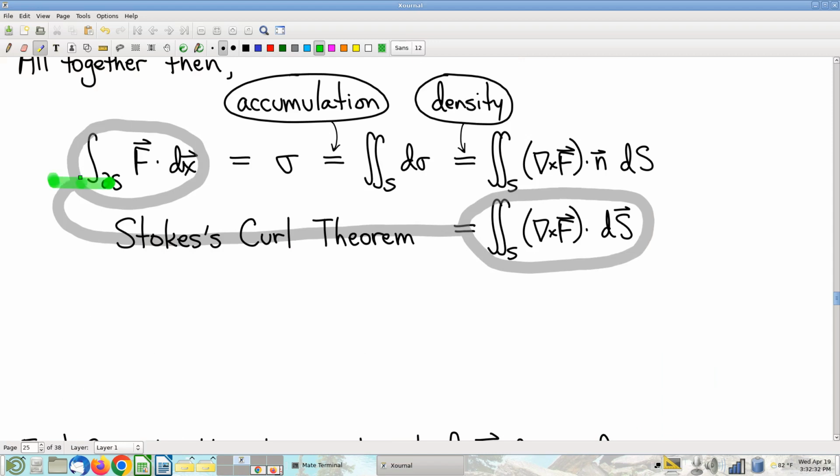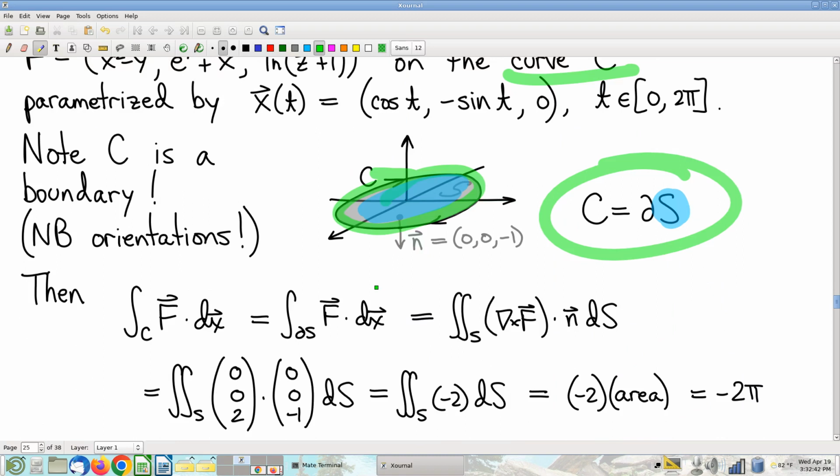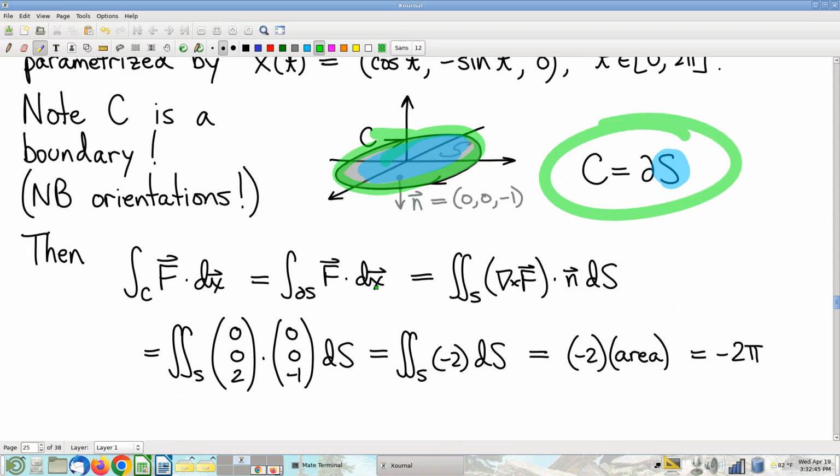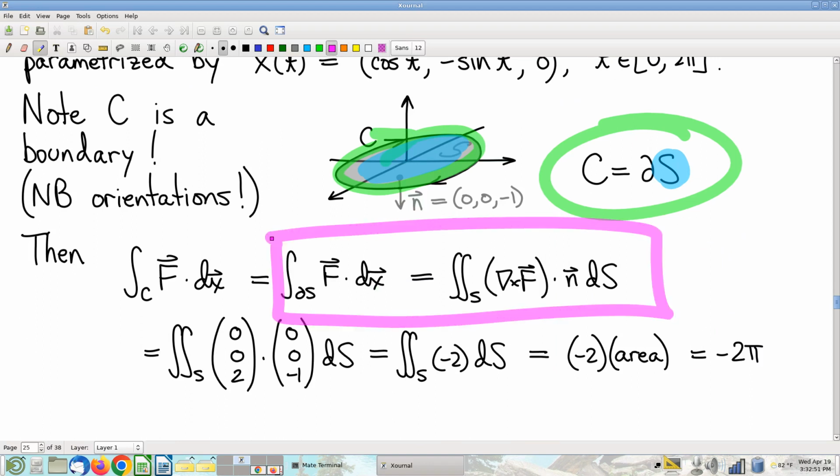After all, here it is. Stokes' theorem is about circulations over boundaries. And now that we've established that it's a boundary, we can rewrite it as a flux. And I think this is about where we ended last time. So Stokes' theorem kicks in right here.